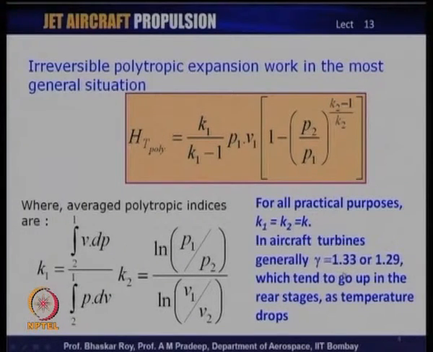When the temperatures are very high, that is in the HP turbines, the value of gamma is likely to be lower, that is 1.29, but later on the value of gamma could go up to 1.33 in the LP turbines. So, those are some of the values you may like to use if you want to do a more rigorous analysis, because gamma as well as Cp, Cv, as you know, are dependent on the operating temperature at that particular location.